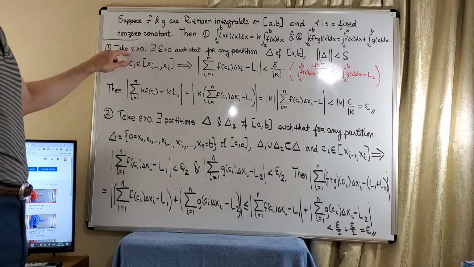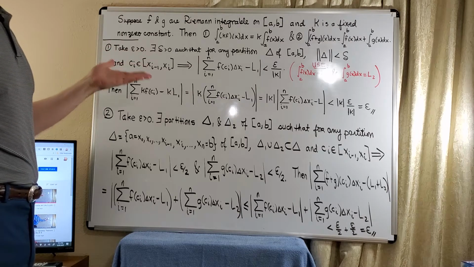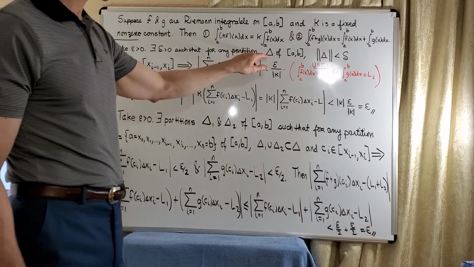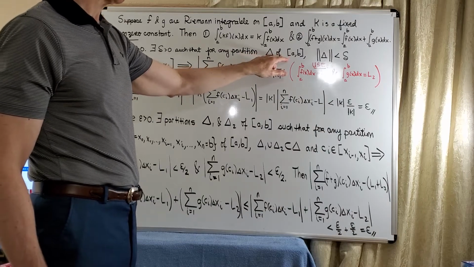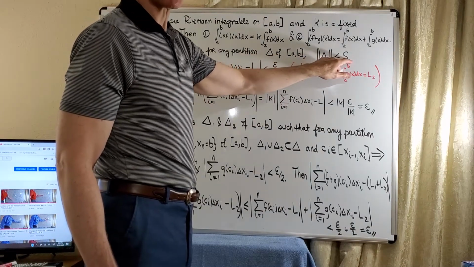So we'll take a positive epsilon, then by definition there is a delta such that for any partition, this is what we call big delta of AB, the norm of the partition is less than the delta.